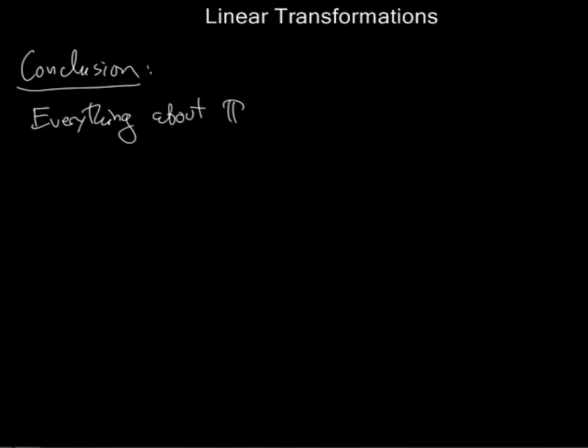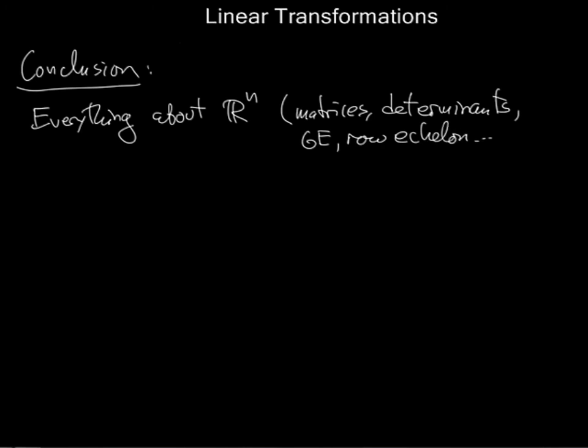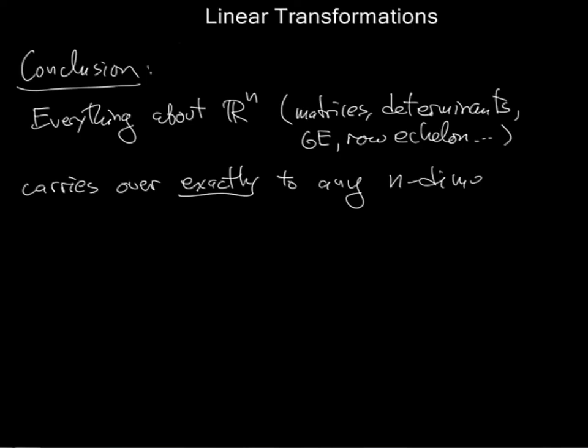So I'm just going to say, sort of vaguely, the conclusion of all of this, but this is quite important. Everything we've been talking about, Rn, matrices, determinants, Gaussian elimination, row echelon form, and everything we're going to be talking about in the rest of the semester carries over entirely to the setting of an abstract vector space, to any n-dimensional vector space.